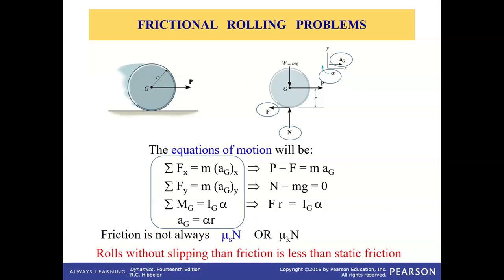The second case is when wheel rolls and slips. If that is the case, then this equation is no longer true, because if the wheel slips, then linear acceleration is not the product of angular acceleration and r. That means we can't use this equation as our fourth equation. So how do we get our fourth equation? At that time we make use of kinetic friction.